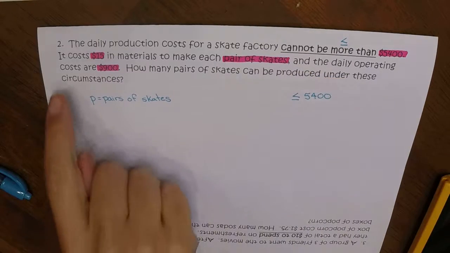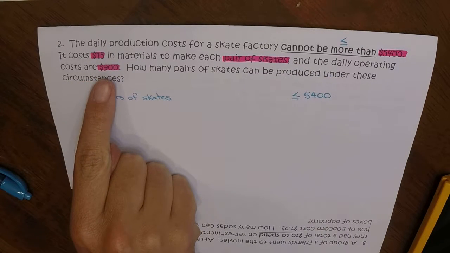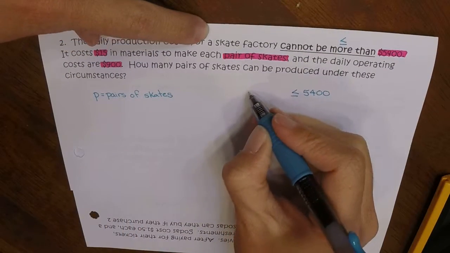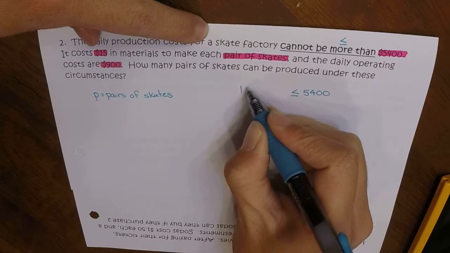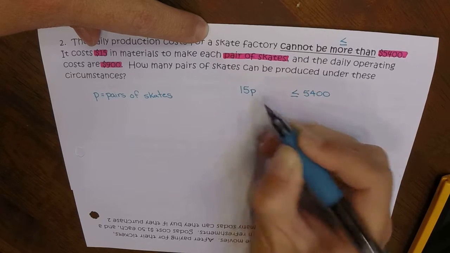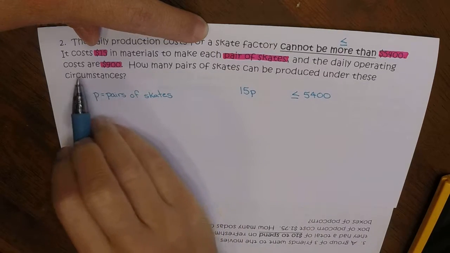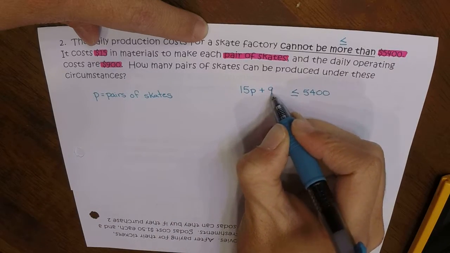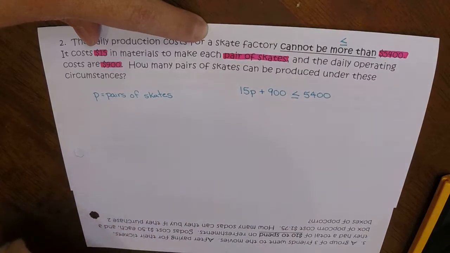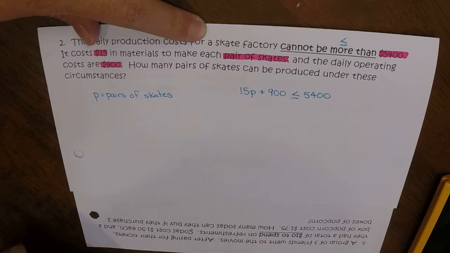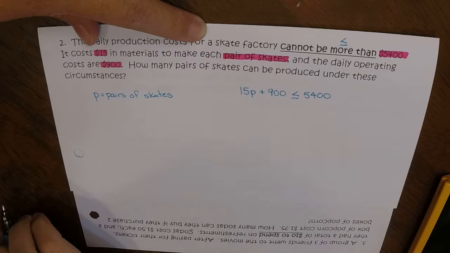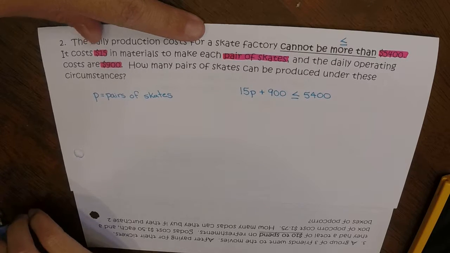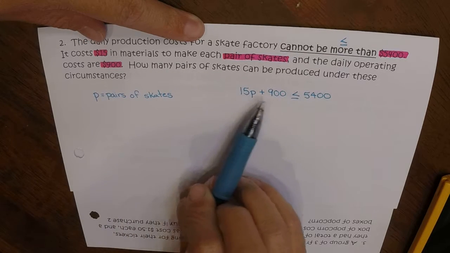The daily operating costs are $900. So I have 15 per pair of skates. Well, I know pairs of skates is P, so 15P. And then I have plus the 900 in operating costs, which is not going to change. So we don't multiply it by anything. Good. So I've got an equation.